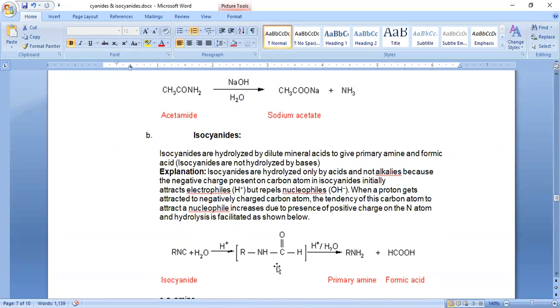Here, see, this is isocyanate, R N triple bond C. What happened? The water will be attached here. So thereby nitrogen will get OH and a plus charge, and carbon will get a minus charge.